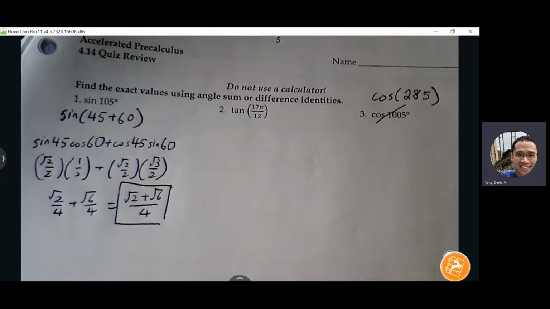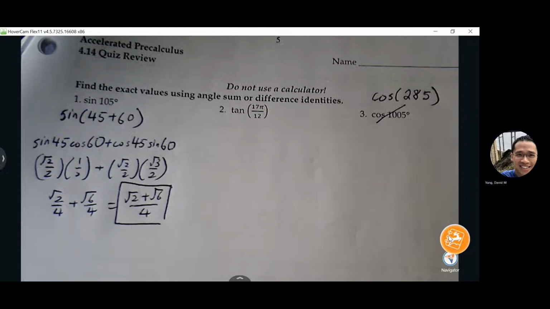Number 2, tangent of 17 pi over 12. Maybe we don't recognize that angle, but we can try to think of two fractions that can add up to 17 over 12. We just have to play with different numbers and see, can we think of two fractions that will eventually reduce to unit circle radian measures? So try that first.